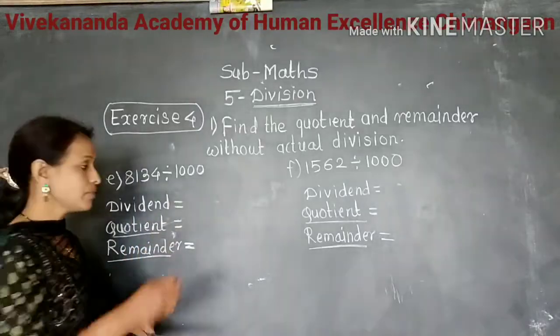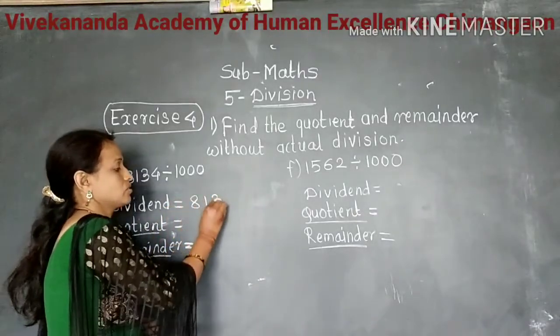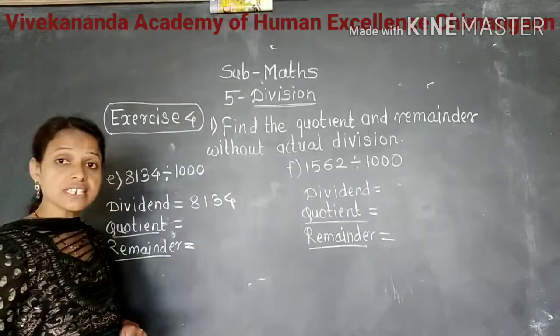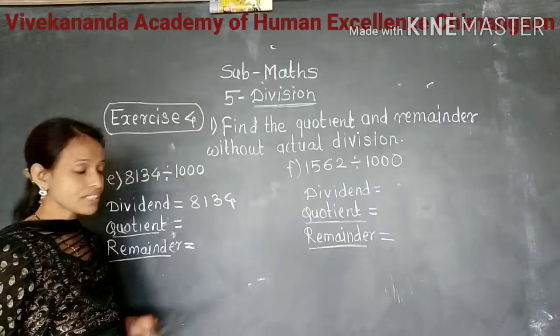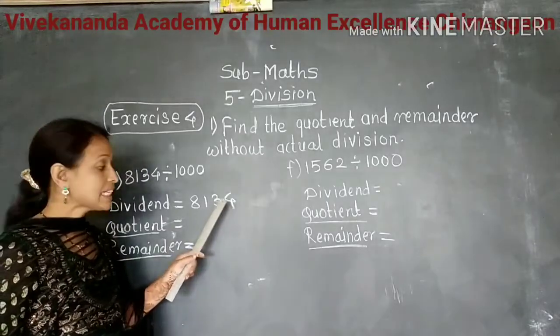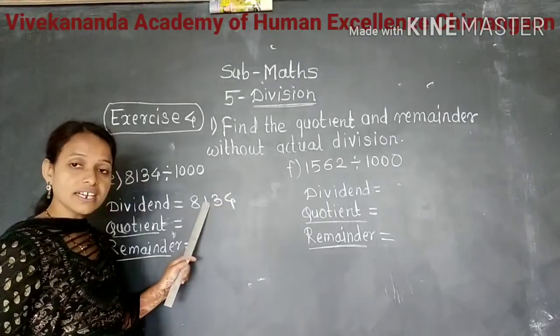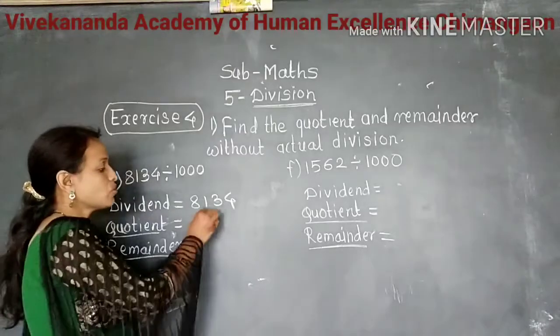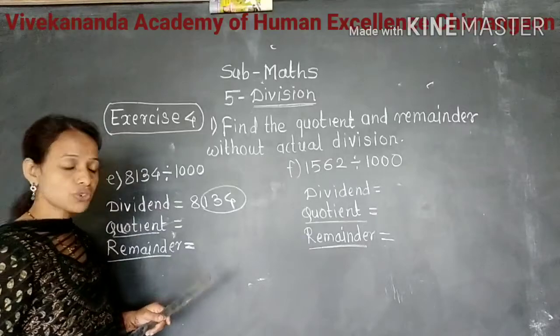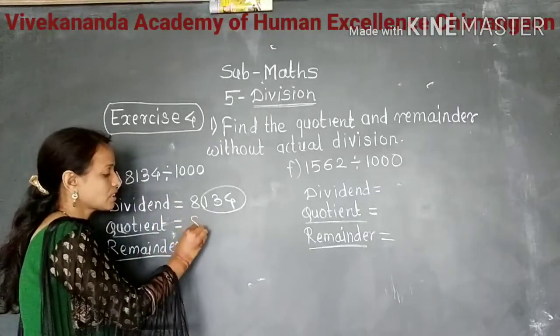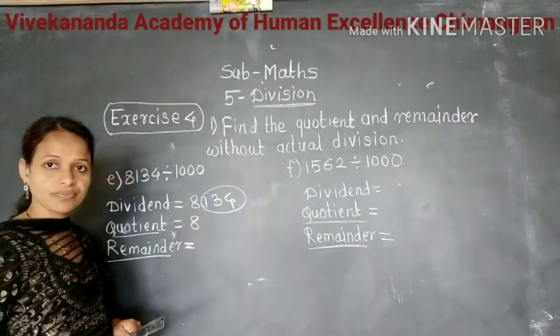Now here 8134 is the dividend. The quotient is obtained by removing the hundreds, tens and ones digit. Here the ones digit is 4, the tens digit is 3 and the hundreds digit is 1. So by removing the hundreds, tens and ones digit, we get the quotient. So we get quotient 8.